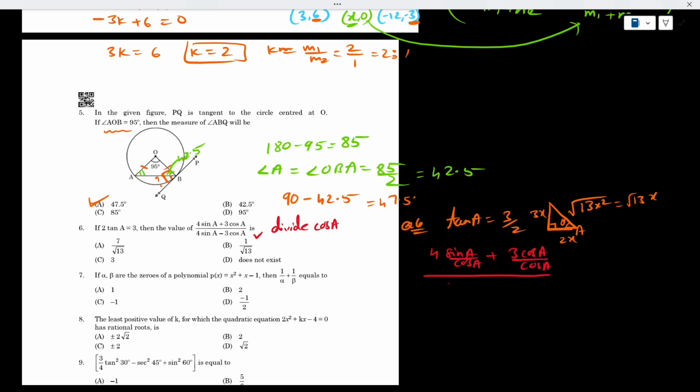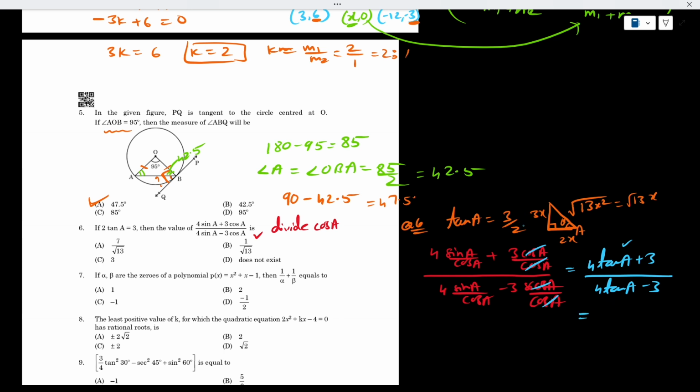Divided by 4 sine A by cos A minus 3 cos A by cos A, right? Now after that, if you do the cancellation, this gets cancelled, this also gets cancelled, so you will be left with 4 tan A plus 3 by 4 tan A minus 3, right? And tan A value you can directly substitute, which is 3 by 2.